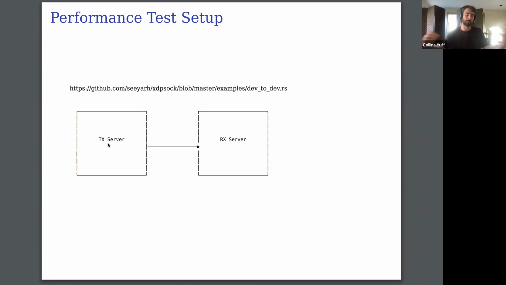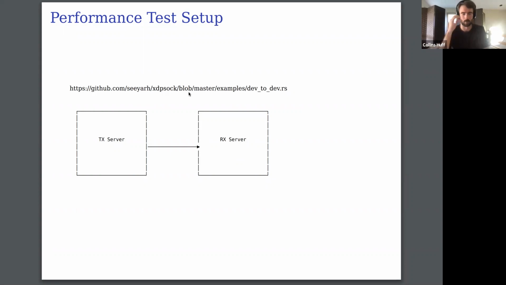We have one server transmitting UDP packets, with payloads 1 through N. And then a receive server receives and parses those UDP packets, and verifies that the payloads 1 through N were in fact received. So we make sure that we're not dropping packets. You can find that here.